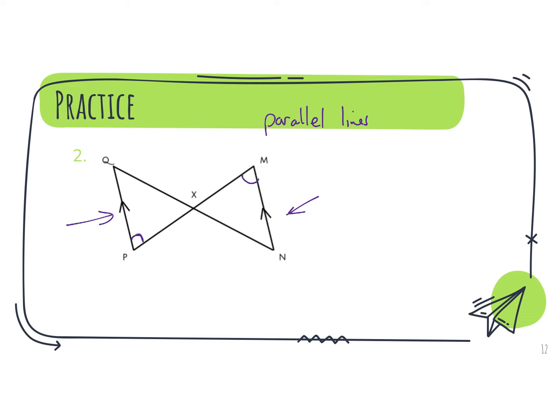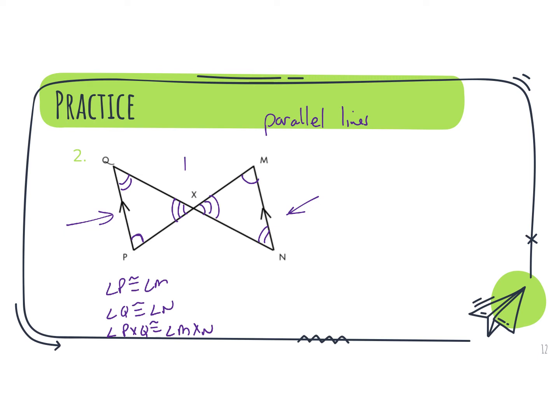P is going to be congruent to M. Q is going to be congruent to N, and this one, angle PXQ, is going to be congruent to angle MXN.